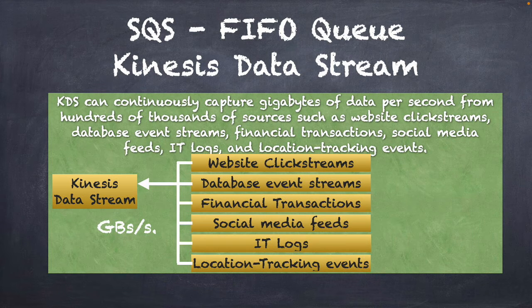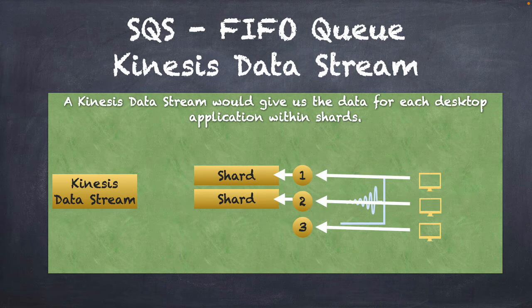KDS, Kinesis data stream, can continuously capture gigabytes of data per second from hundreds of thousands of sources such as website click streams, database event streams, financial transactions, social media feeds, IT logs, and location tracking events. A Kinesis data stream would give us the data for each desktop application within shards, so the solution partially works. But what is the problem?